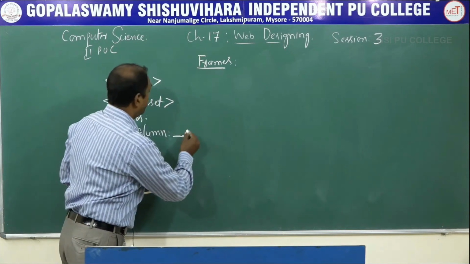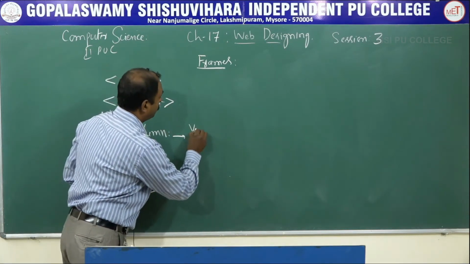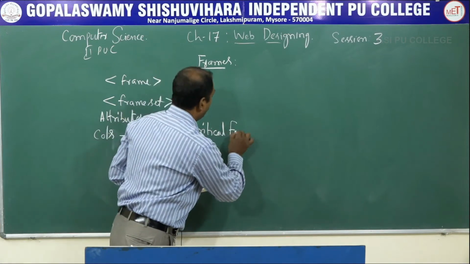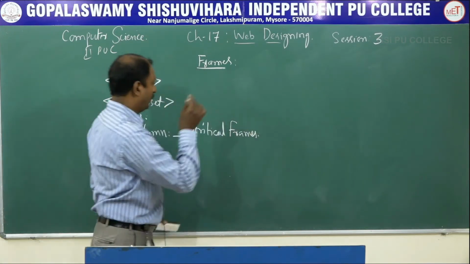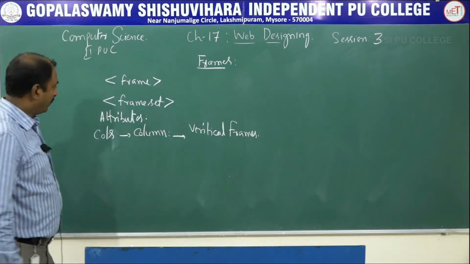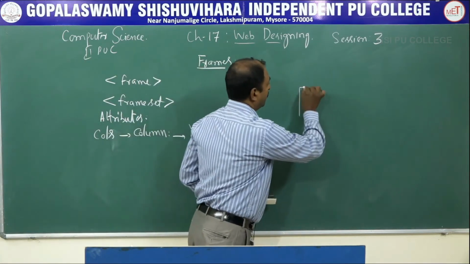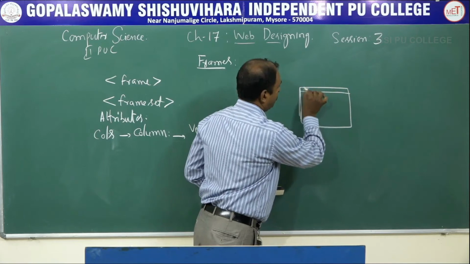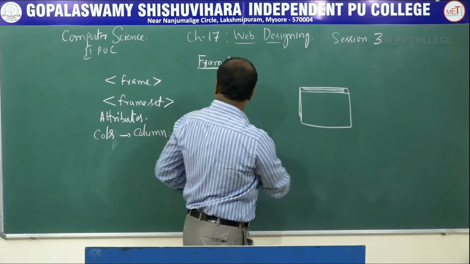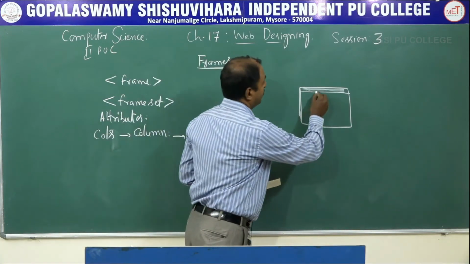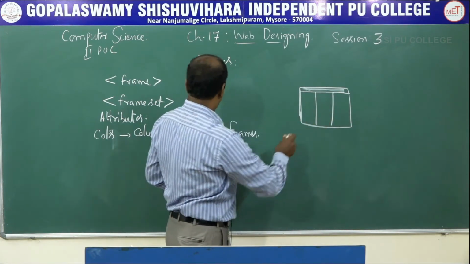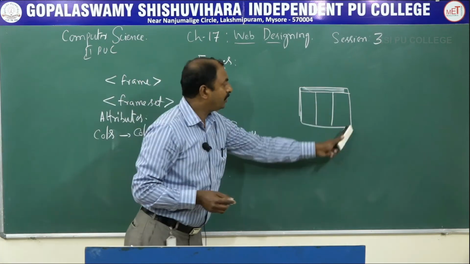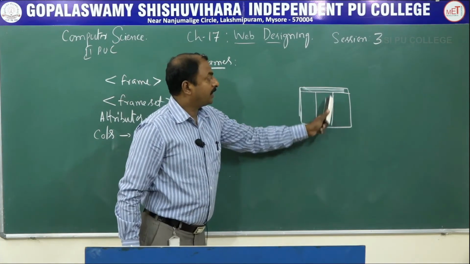Suppose this is your web browser window, and here we are using the columns attribute to divide it into a number of columns. So the columns attribute is used to divide the web browser window into vertical frames.